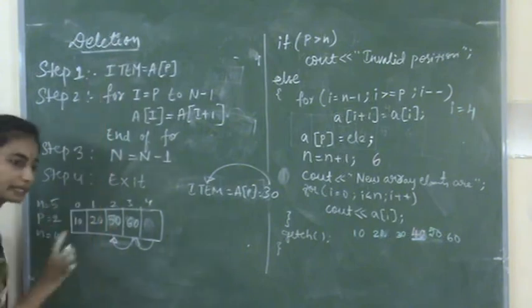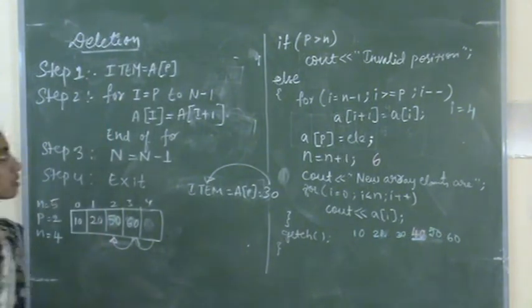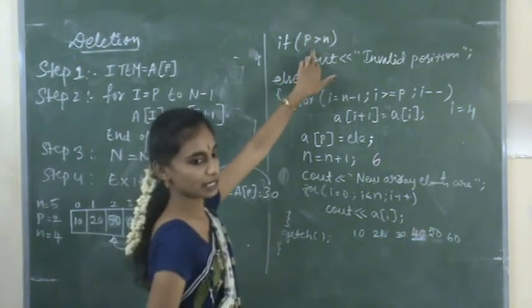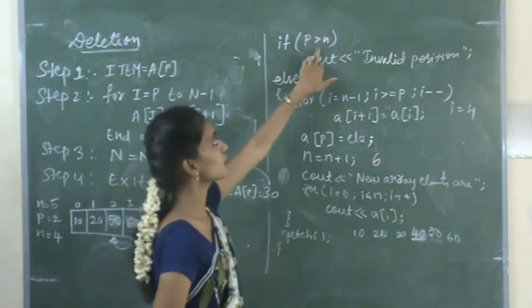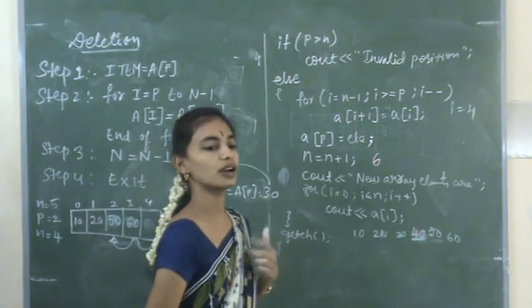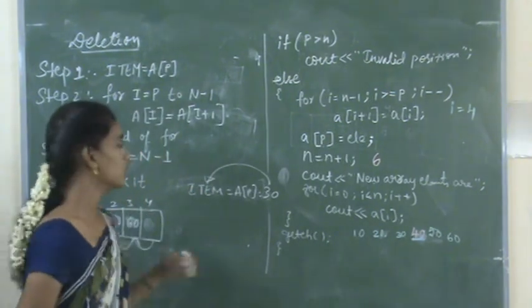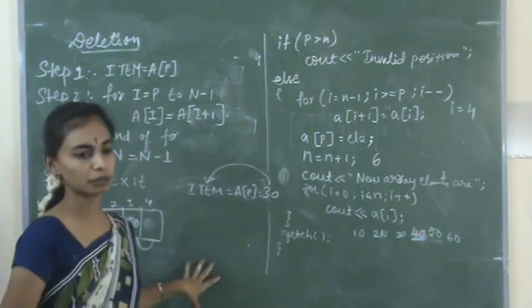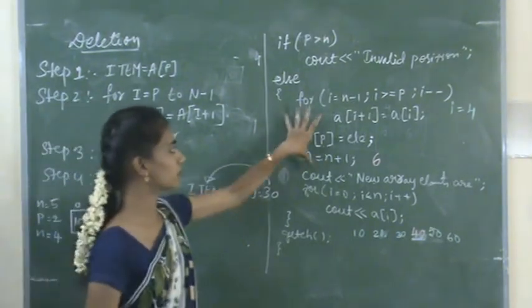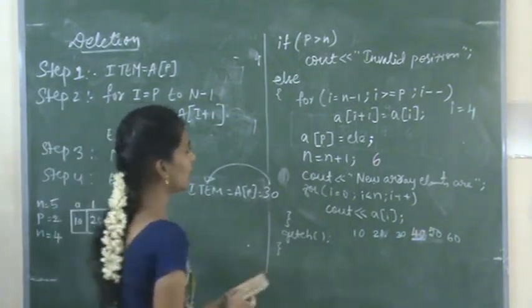If we want to delete elements, this condition must be satisfied. If the position is greater than the n value, we cannot delete any element from an array. The same code will be executed, but this part will change.